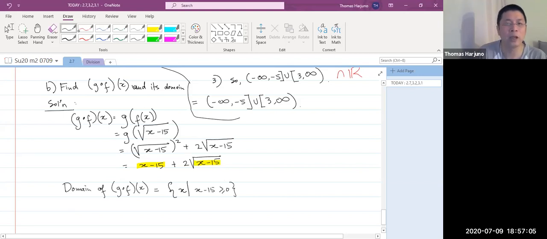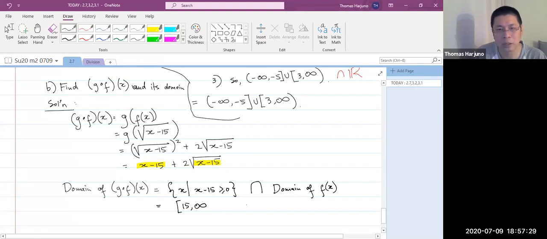At the same time, you need to intersect with the domain of the incoming function, the domain of f of x. The domain of f of x is at least 15. It turns out the domain of f of x is also the same, at least 15. So the intersection will be the same, from 15 to infinity.